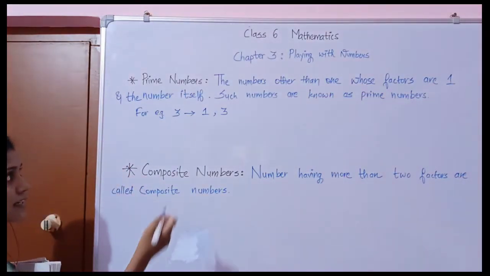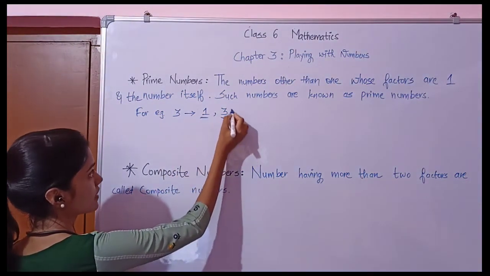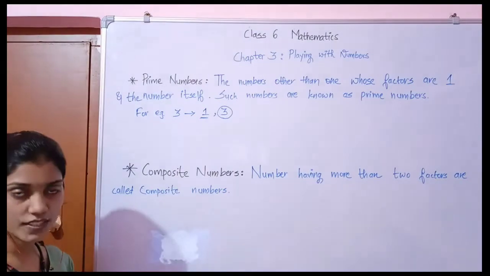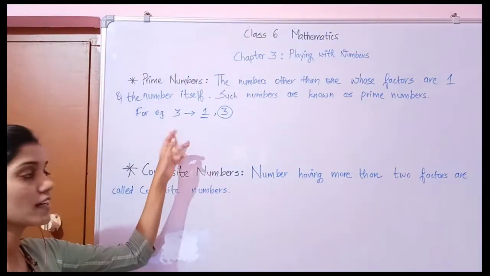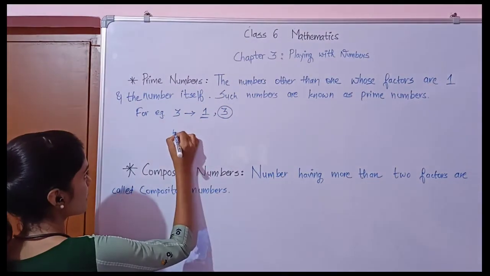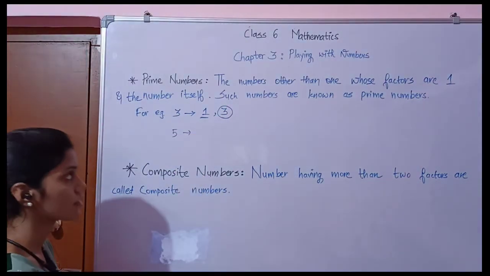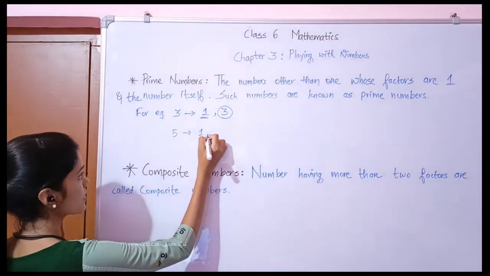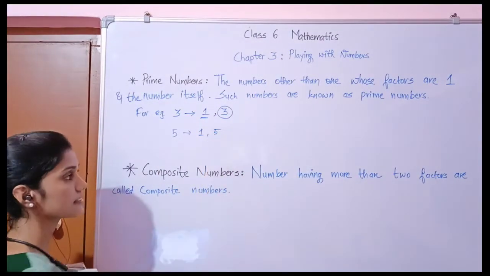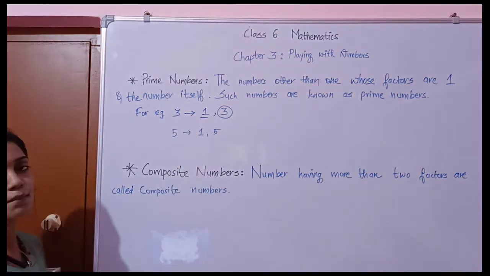Now tell me which factors are there? 1 and 3, the number itself. So we can say that 3 is a prime number. Let's take another example. If I take 5, tell me the factors. It is 1 and 5, that is the number itself. So we can say that it is a prime number.